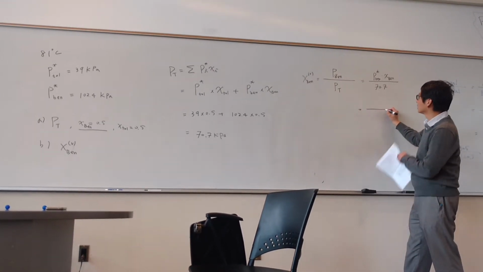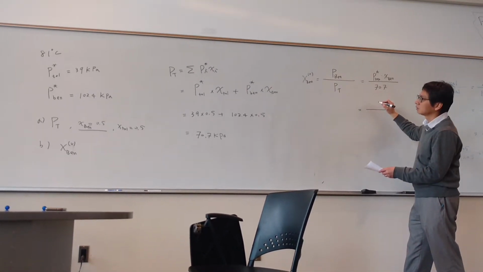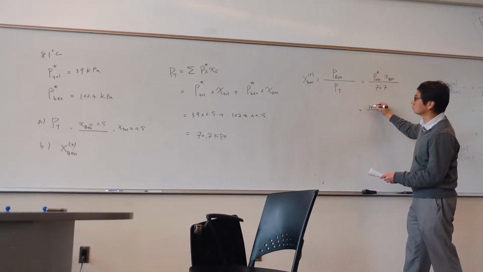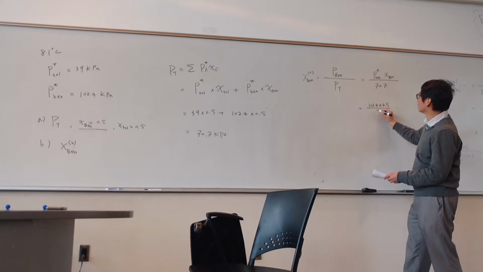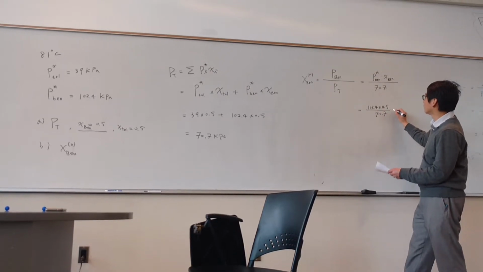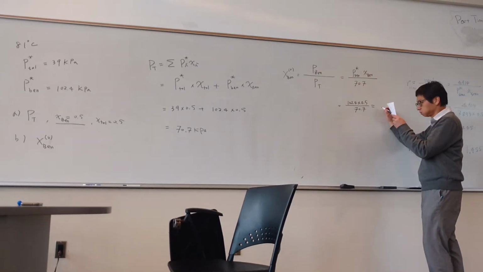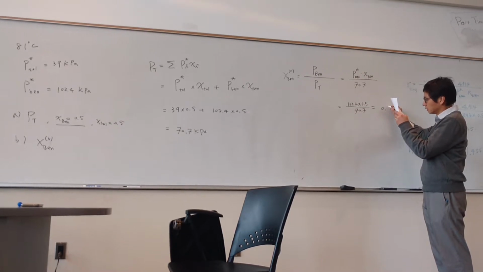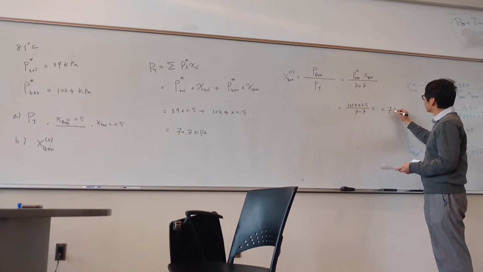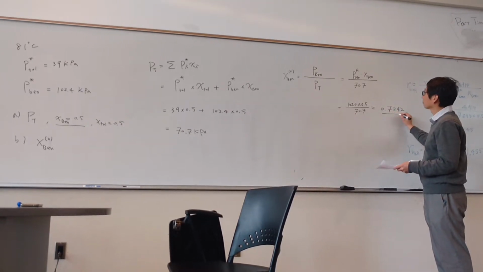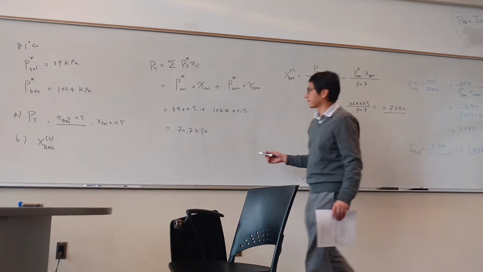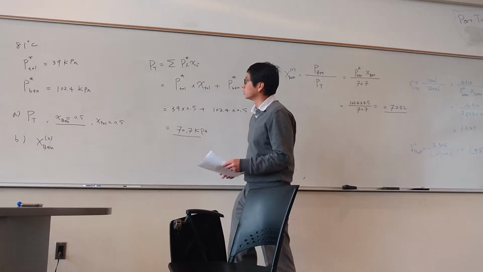So the top will be 102.4 times 0.5 divided by 70.7. That gives a number of 0.7242.